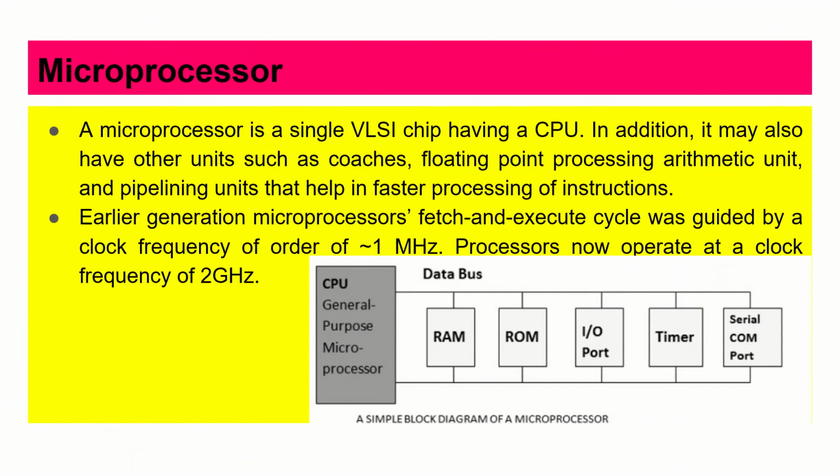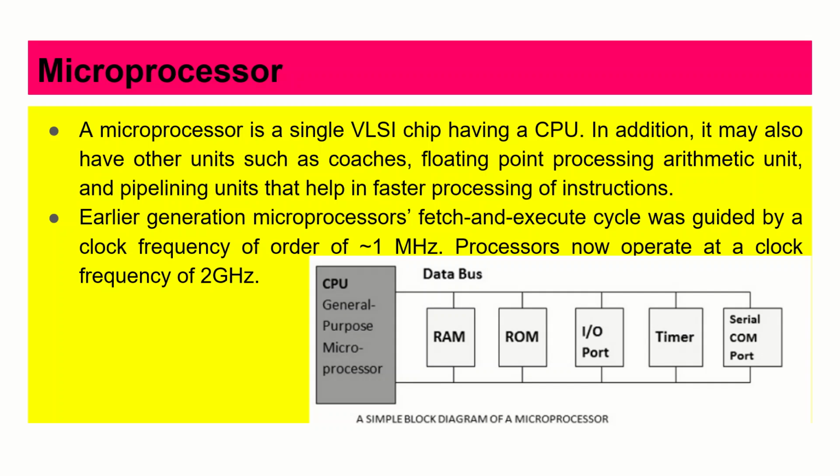Microprocessor. A microprocessor is a single VLSI chip having a CPU. In addition, it may also have other units such as caches, a floating point arithmetic processing unit, and pipeline units that help in faster processing of instructions. So all these caches and the floating point arithmetic unit help in the faster execution of the process.